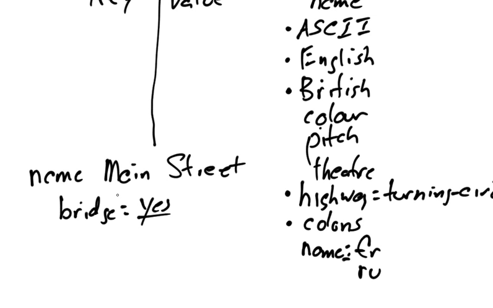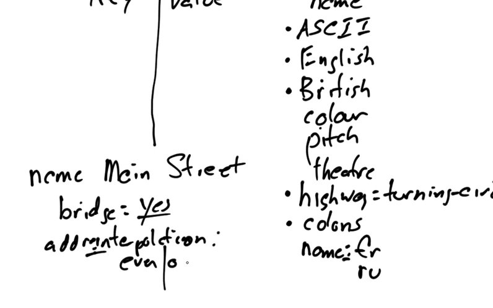We've given the example of address interpolation, so ADDR colon interpolation. Again, we see this colon here, which we're using as the separator in our key. The values there can be even, or they can be odd. And if you put another value there, it's not allowed.